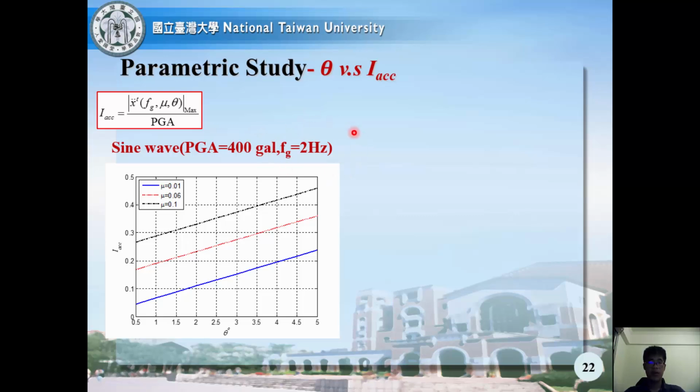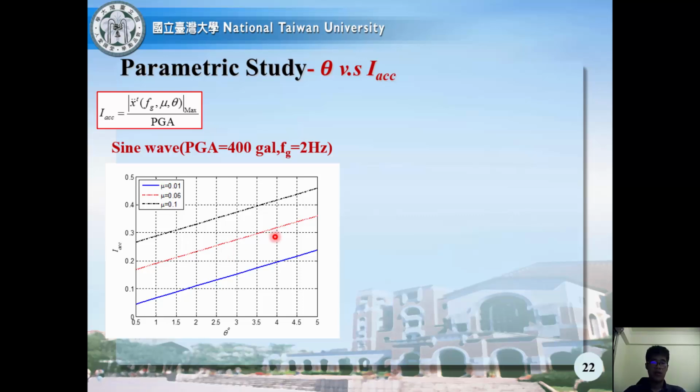From the figure, we can see that IACC is smaller than the upper bound value 1, which indicates that the system works under the ground motion for various theta and 3 different friction coefficients. Besides, if we focus on one line, we may see that the IACC increases along with theta in a linear relationship.